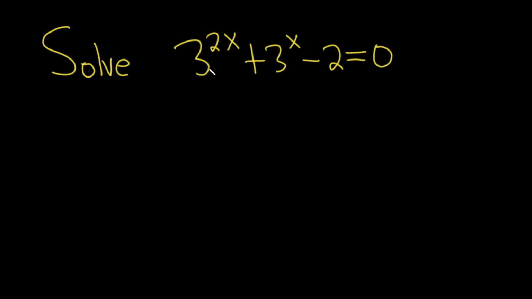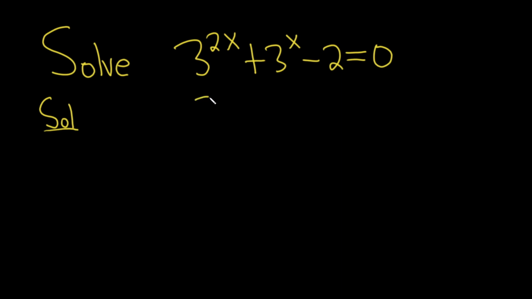Solve 3 to the 2x plus 3 to the x minus 2 equals 0. Solution. So this is actually a quadratic equation in 3 to the x. And the reason I know that is because I've done problems kind of like this one in the past. Whenever you have something like this where you have a 2x and an x and the bases are the same, you can write it as a quadratic equation.